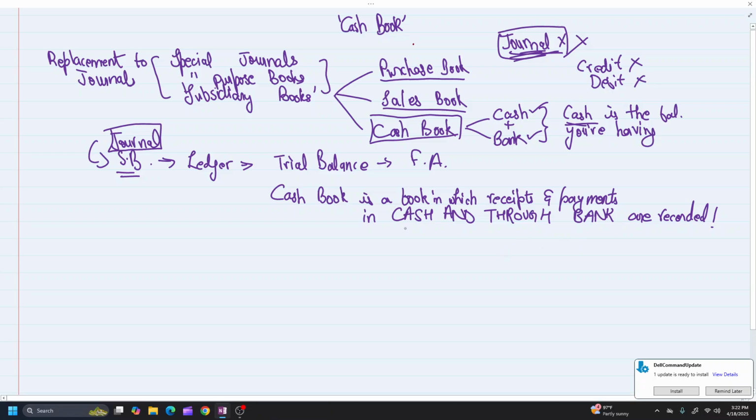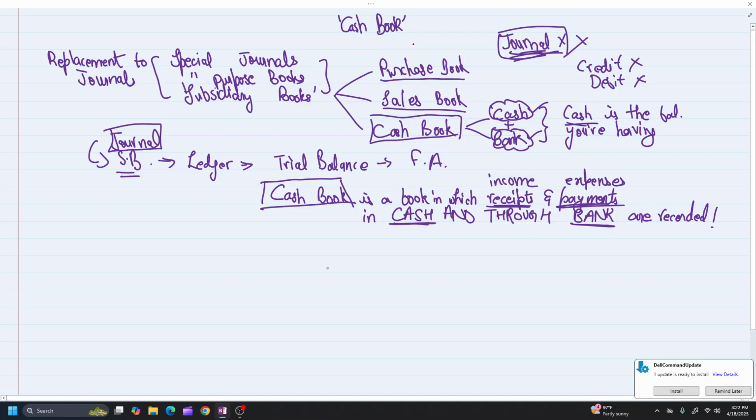Any receipt means income, you can say. Payment refers to expenses. So any kind of transaction involving your cash or your bank is recorded in your cash book.